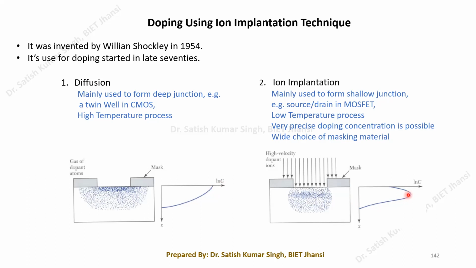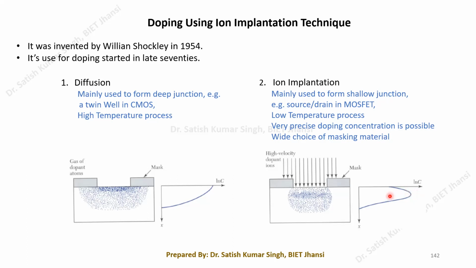You can see from this picture that it is maximum at this particular point, and after that the concentration reduces on both sides. Whether you go deeper into the material or towards the surface, the dopant concentration is going to reduce. So basically at a certain depth you find the maximum concentration of your dopant.